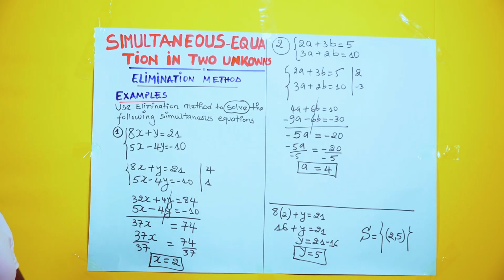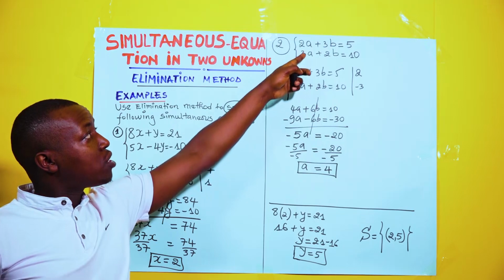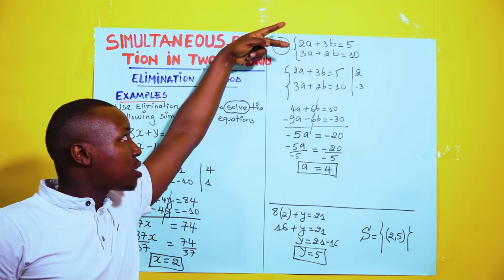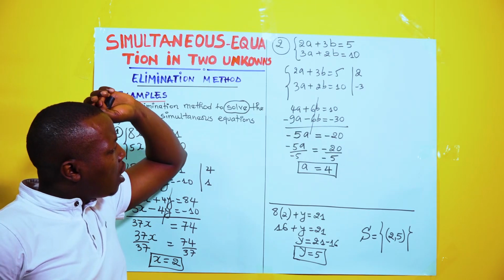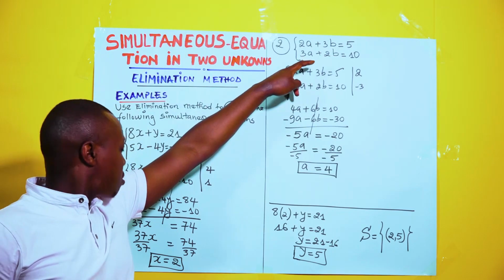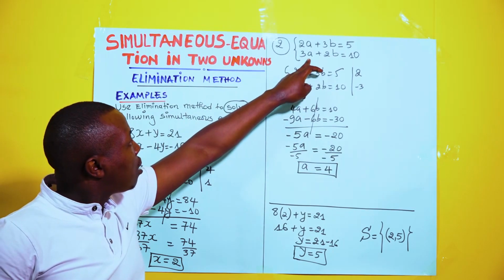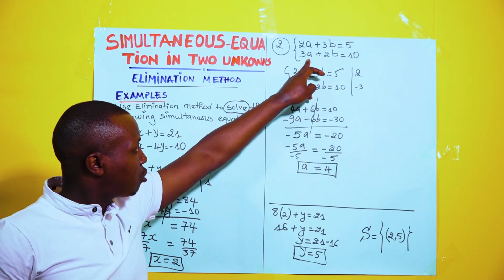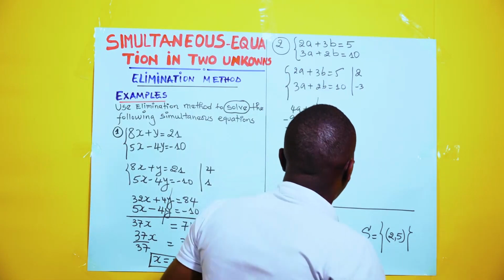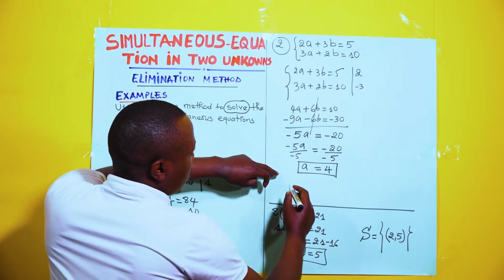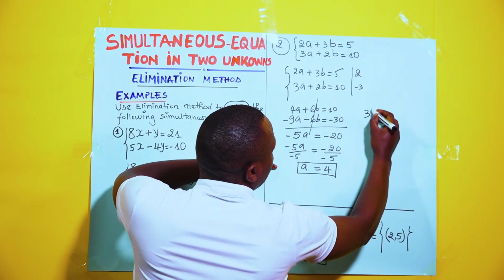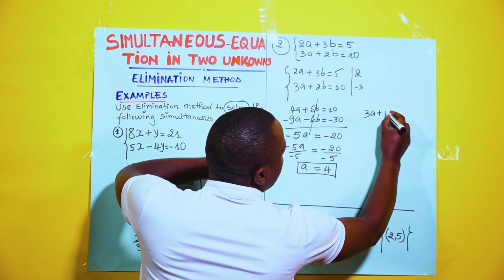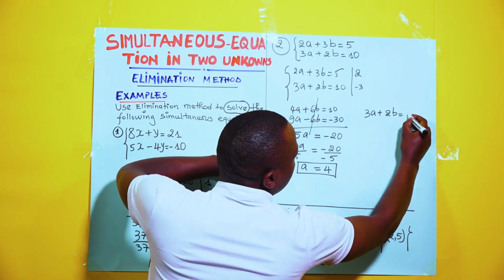So we are also going to substitute the value of a in one of these two equations. You can choose the first or the second. Let us choose number 2, equation 2. So it's going to be what? 3a plus 2b equals 10.